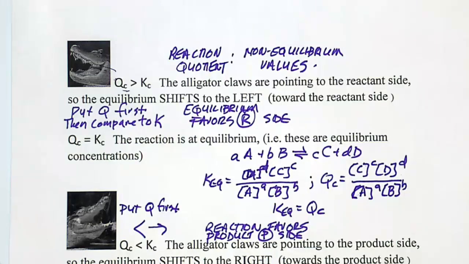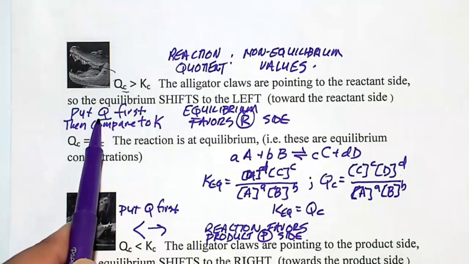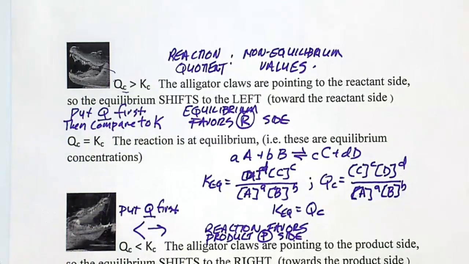But if there's an inequality, use the alligator jaws relationship. For the alligator jaws to work, the comparison has to have Q first. Q greater than K, the jaws point to the left, the reactant side. Q less than K, the jaws favor the right-hand side, the product side.